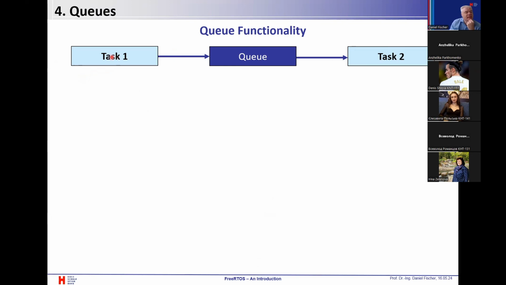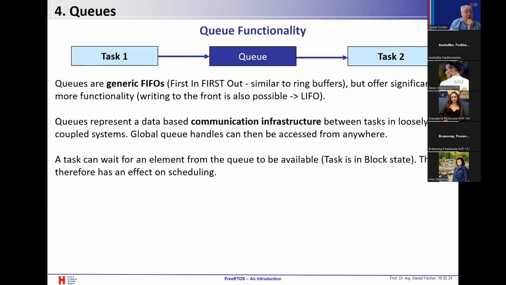For sending data, please use queues. Queues are very useful functionalities, and they are implemented in a proper way. They are tested and used by a lot of engineers in the world. That means normally there should not be a bug inside.